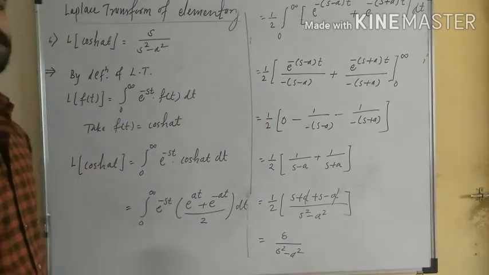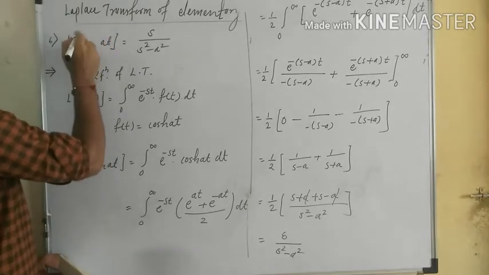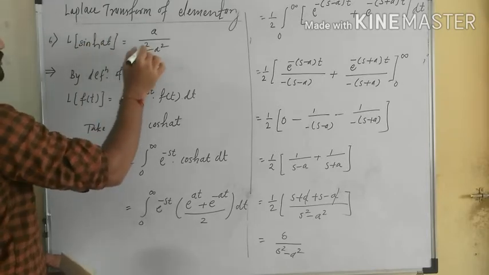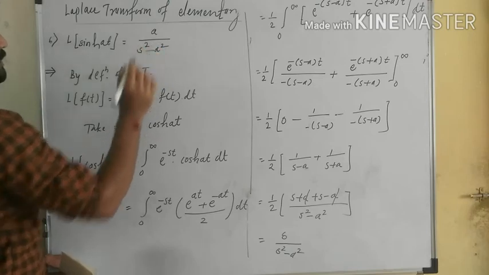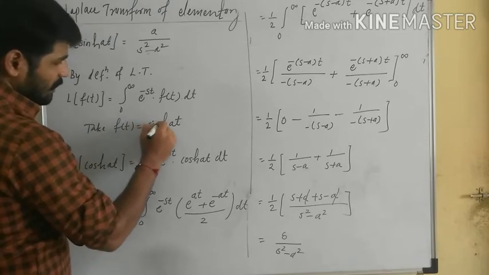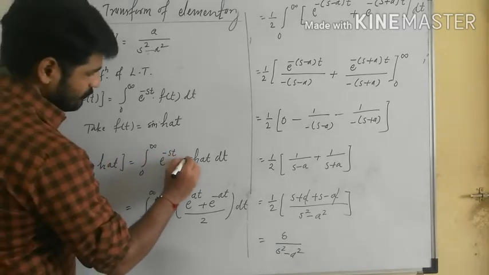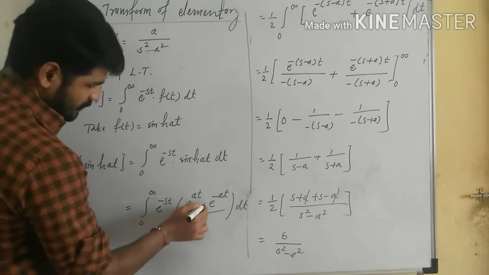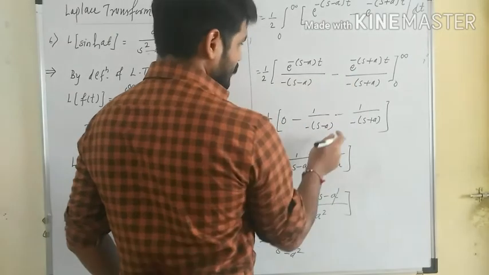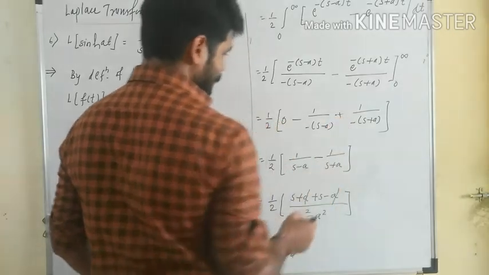Okay. In a similar way, we can find the Laplace transform of sine hyperbolic at. Try this at home. I will give the hint. Laplace transform of sine hyperbolic at is a upon s square minus a square. By definition again, we take sine hyperbolic at, and the middle sign changes, so here we get a minus sign and there we get a plus.